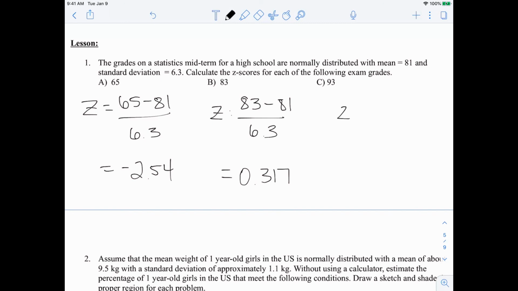We have a data value of 93 minus 81 divided by 6.3, which gives us a z-score of 1.91. When you are calculating z-scores, go to 2 decimal places. You can go further if you want to, but the table only goes out to 2, so that's all you really need. You can use more on the calculator, but it won't make that big of a difference.